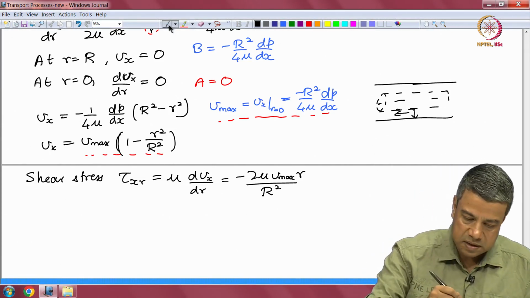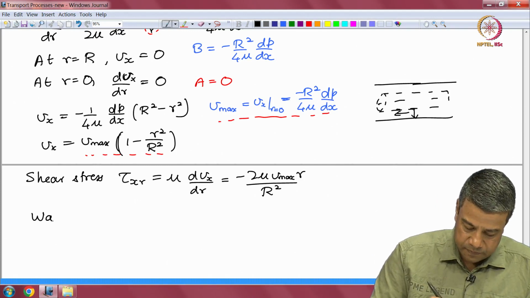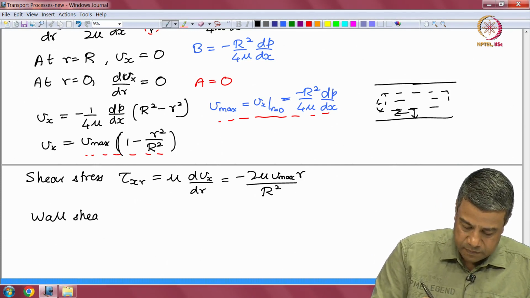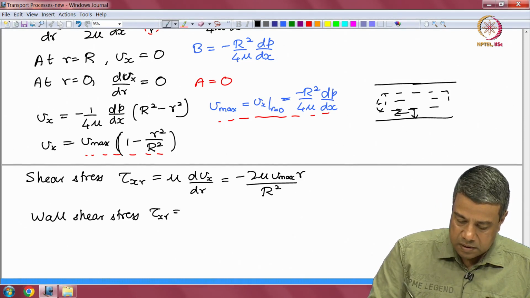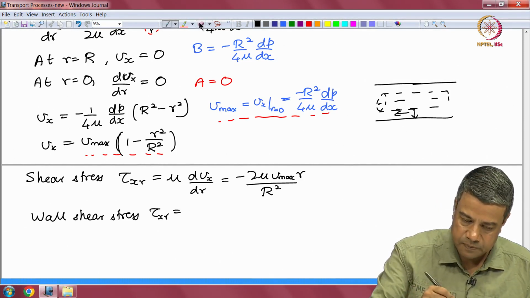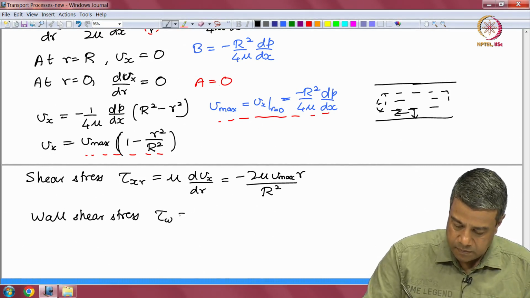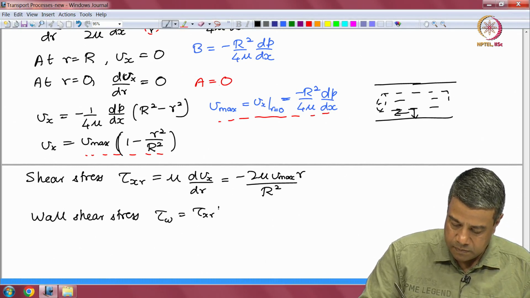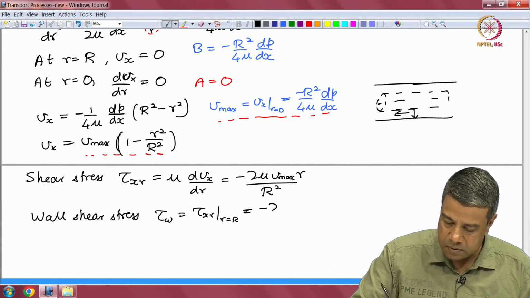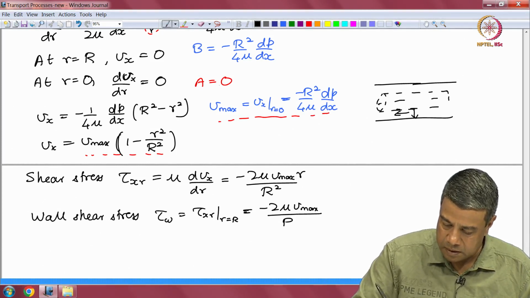The wall shear stress, tau x r at r equal to R, should be minus 2 mu Vmax by R.